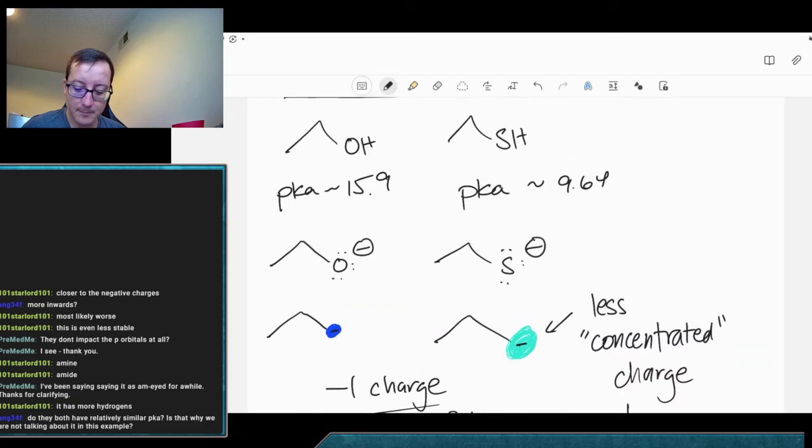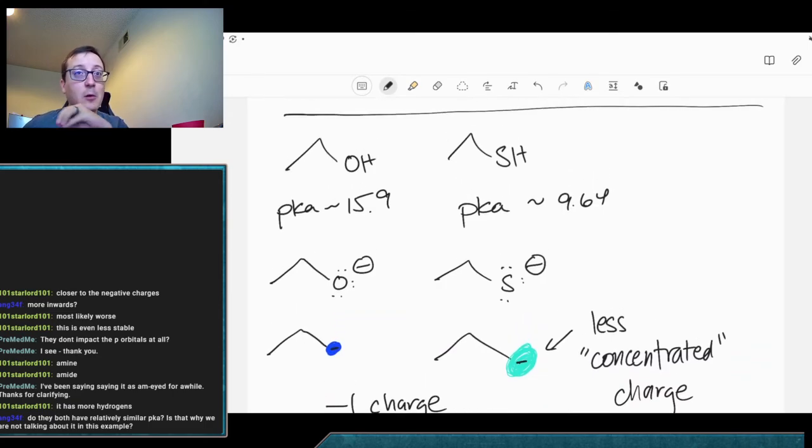So the reason that the sulfur is so much stronger as an acid, even though it looks exactly the same, the only difference is that one atom. The fact that the sulfur is bigger, it can accommodate a negative charge more easily. And so as a result, it's going to be much, much more acidic than the equivalent oxygen-containing compound.